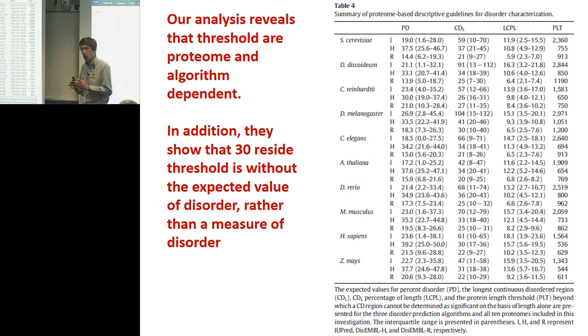So the numbers all depend on three factors. First, the protein you're employing. Secondly, the system that you're studying, whether you're using the disorder with one proteome model or another, depending on the algorithm.